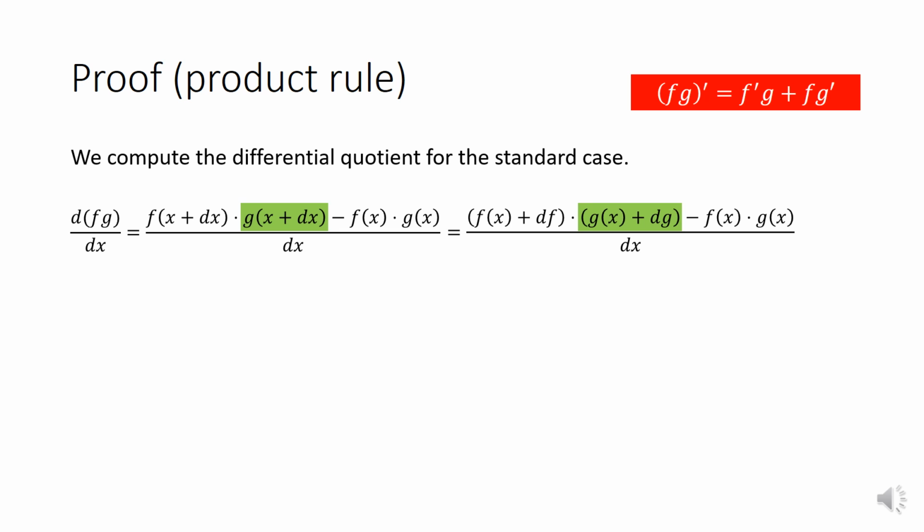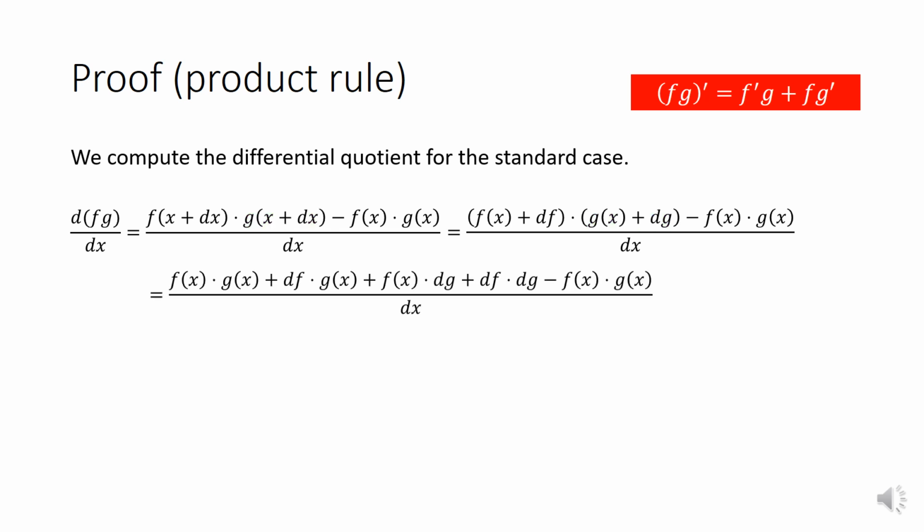We can multiply this out and obtain this fraction, where the term f of x times g of x and the corresponding negative term cancel each other out. We can group the remaining terms as follows: df over dx times g of x plus f of x times dg over dx plus df over dx times dg.